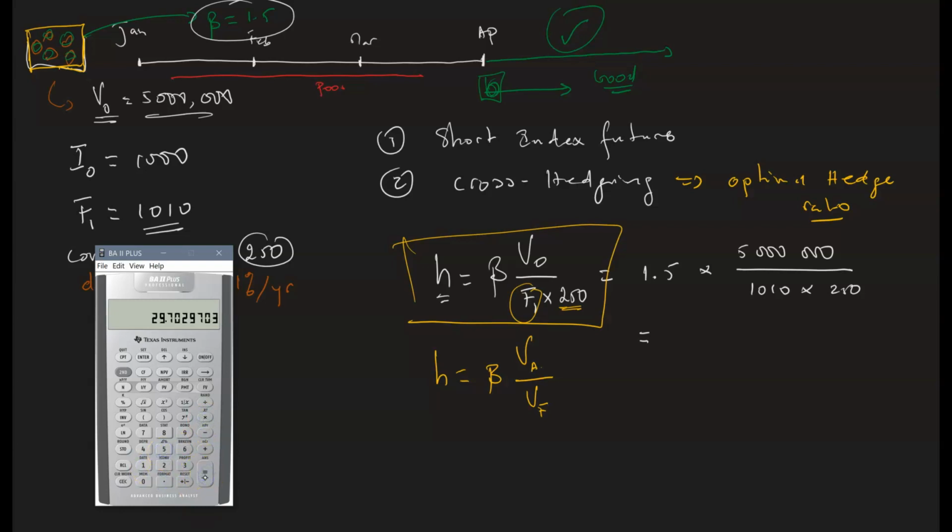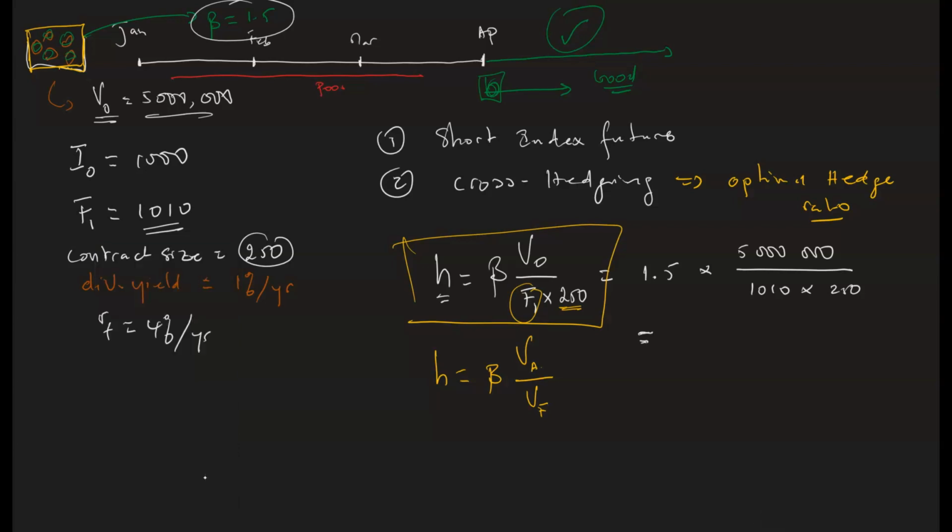That's about 29.7, so approximately 30 contracts. So we're going to need about 30 contracts on this cross hedge.